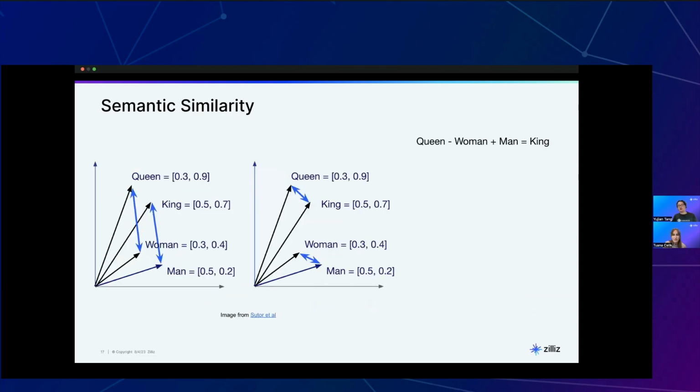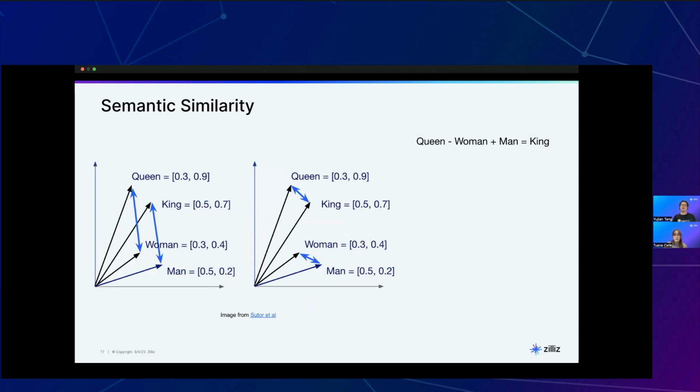I'm going to cover a very quick example of semantic similarity. This is going to be a very, very simple example. There is no case in real life where you would ever use a two-dimensional vector, and there are very few cases that we see, at least in terms of retrieval augmented generation, where you would use Euclidean distance.